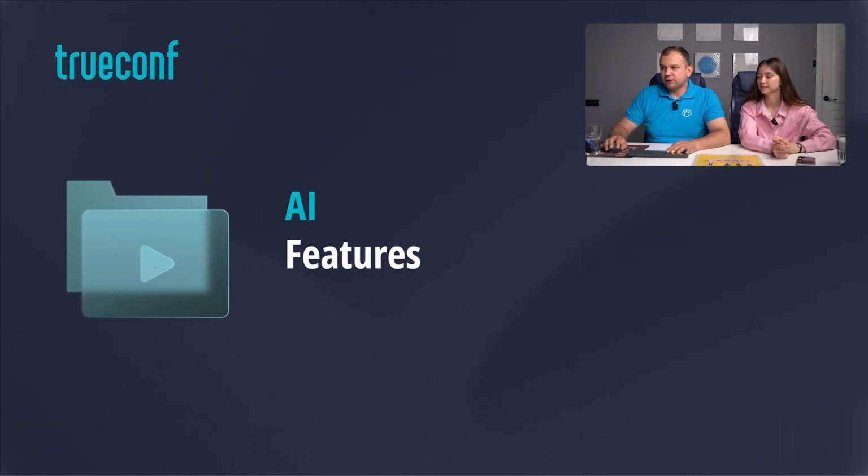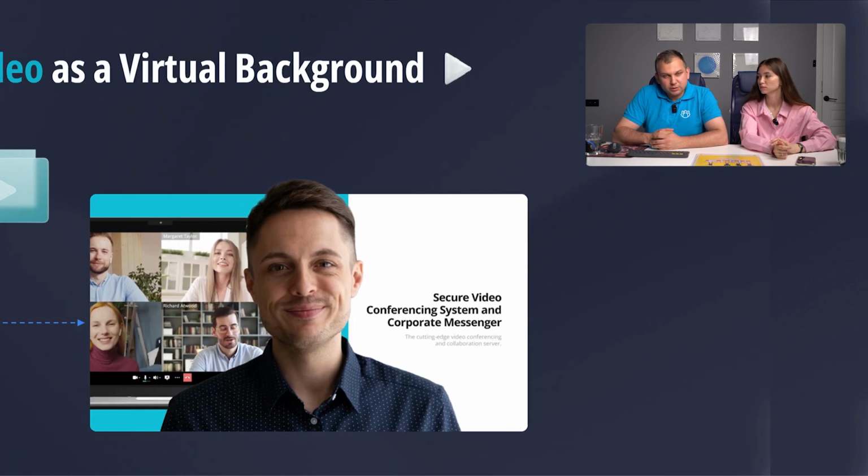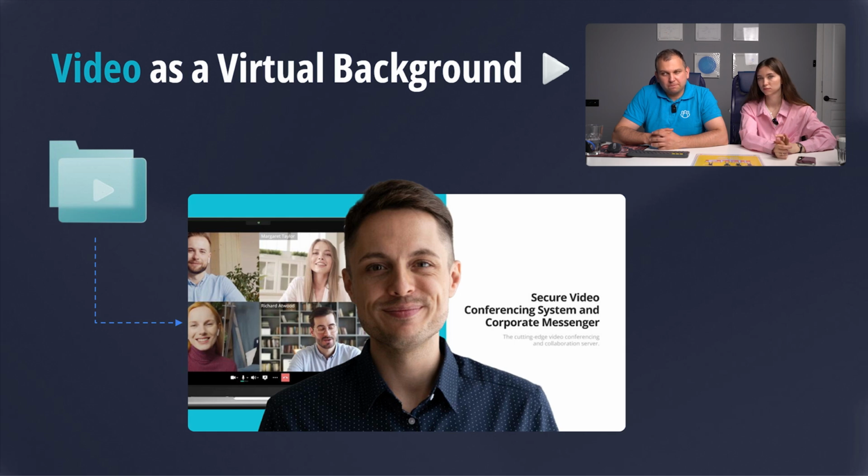So the next part is about AI features. So we now have separate neural networks, machine learning algorithms for the same task. For example, we have 2 networks for virtual backgrounds. We have 2 networks for noise reduction based on how good the CPU of the user is.